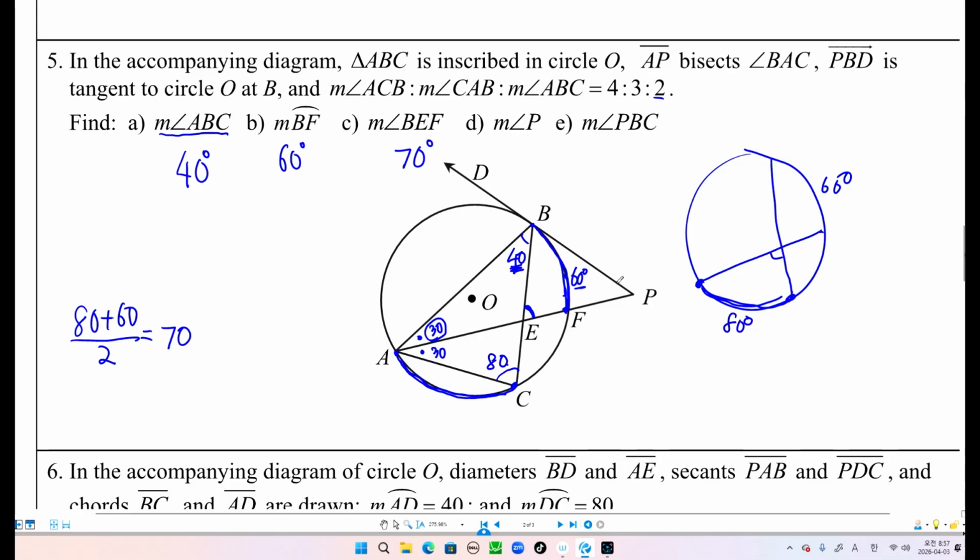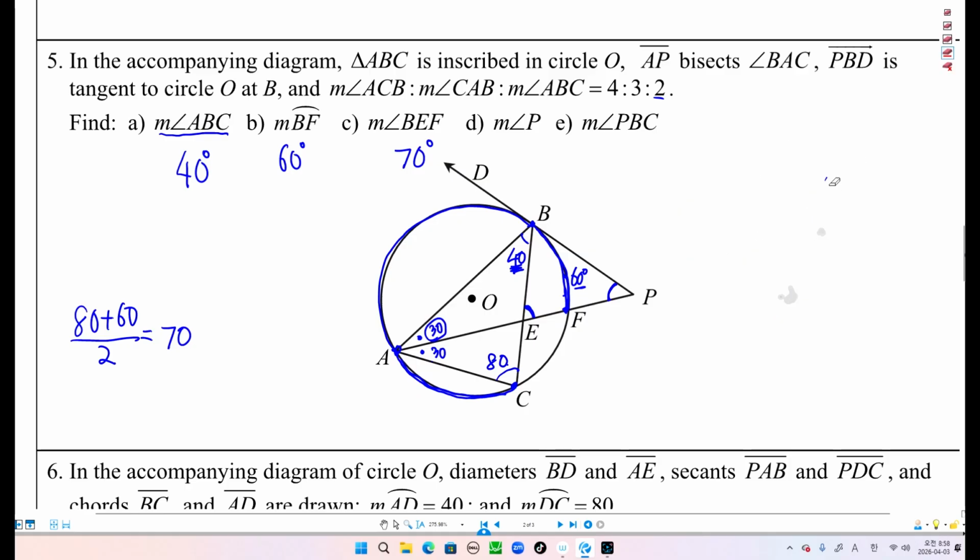Now angle P. How do we get angle P over here? We have 2 points over here. We need to measure the arc over here, right? This angle. But we already got the smaller angle already. Okay, 60. So it looks like this. This is a tangent and a secant. This is just 60.